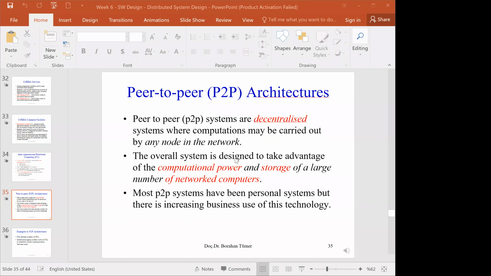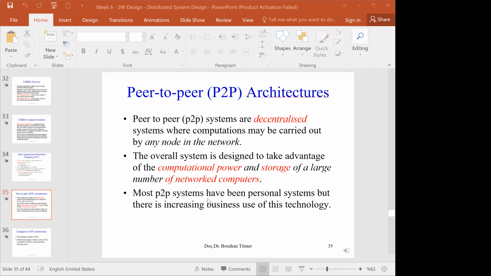The overall system is designed to take advantage of the computational power and storage of a large number of networked computers. So there is a network, and through this network, computer nodes are connected to each other directly.